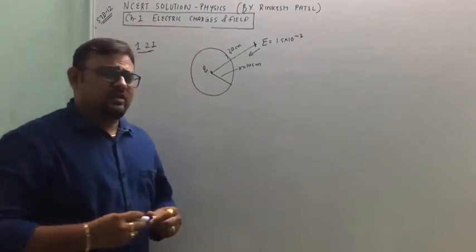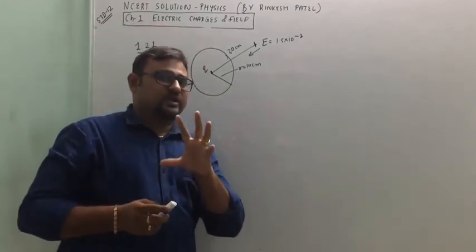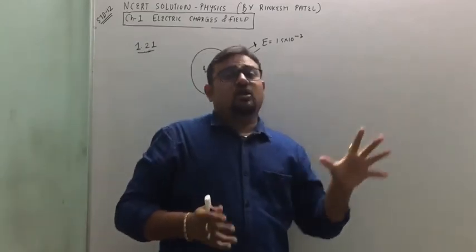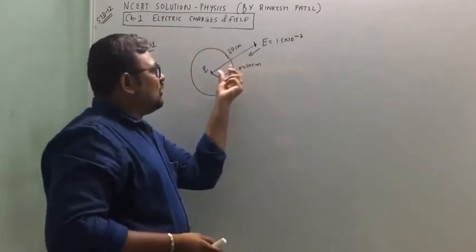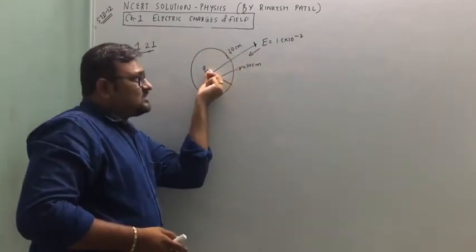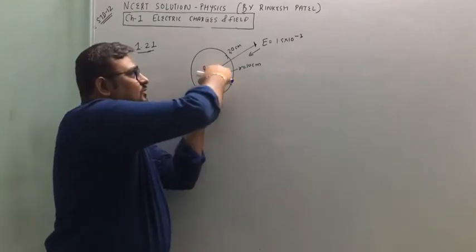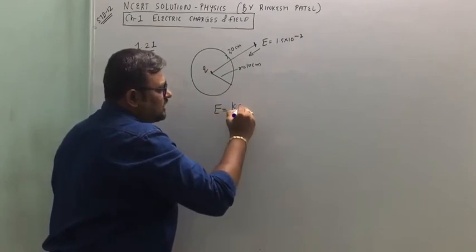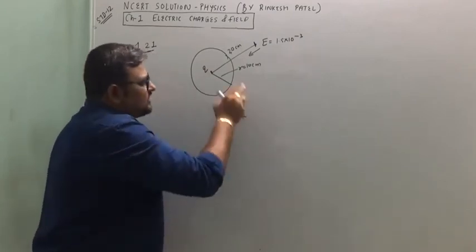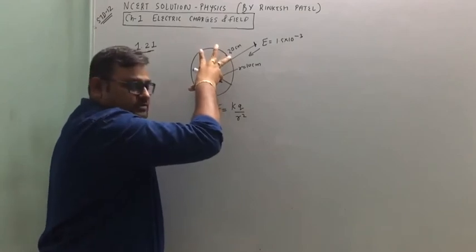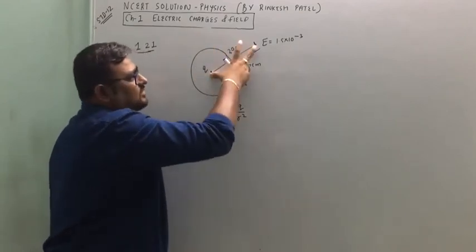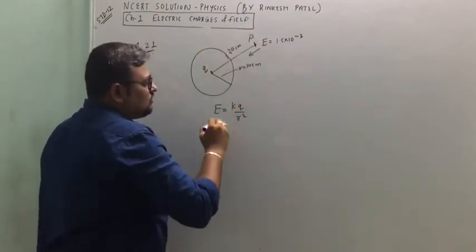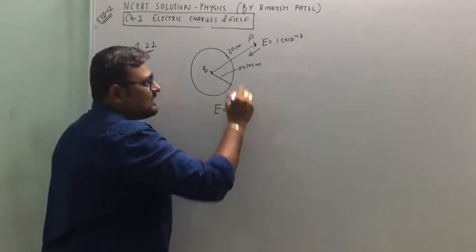Okay, so if there is any charge deposited on the sphere or inside the sphere, and if we want to find out the electric field outside the sphere, then the whole charge is considered to be accumulated at the center, and the distance for the electric field is calculated from the center. So I will use the formula E equal to K Q by R square, where Q is the charge inside the surface or on the surface, and R is the distance from the center of the sphere to the point P. We have the values of E, K and R, that is 20 centimeter.